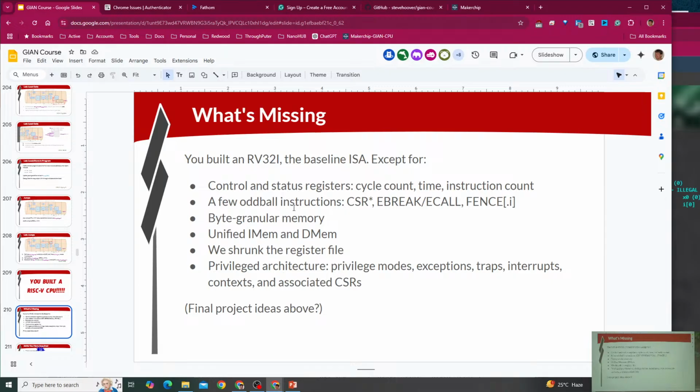We also didn't support byte granular memory, as we've talked about before. We implemented a separate instruction memory and data memory. The instruction set architecture defines a unified memory. When you actually implement a CPU, what you would generally do is have a unified memory that contains both instruction and data.